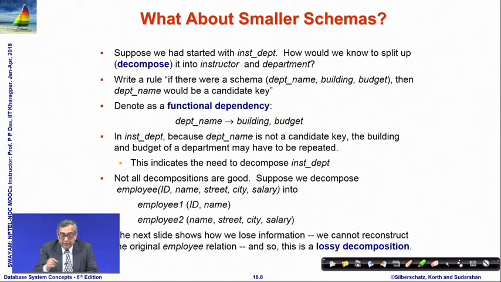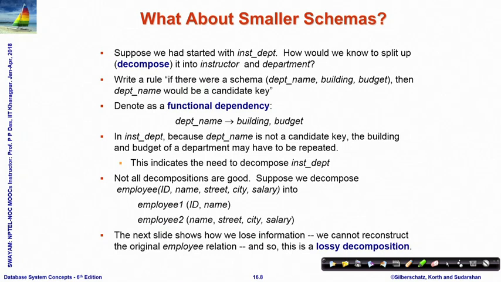If we do that, then how do we get the salary for a particular ID? We will naturally have to join these two relations in terms of the common attribute name.